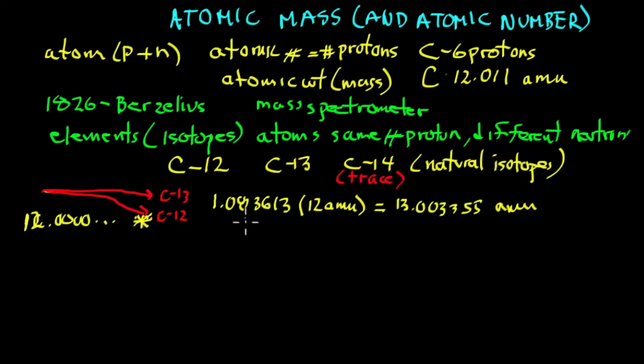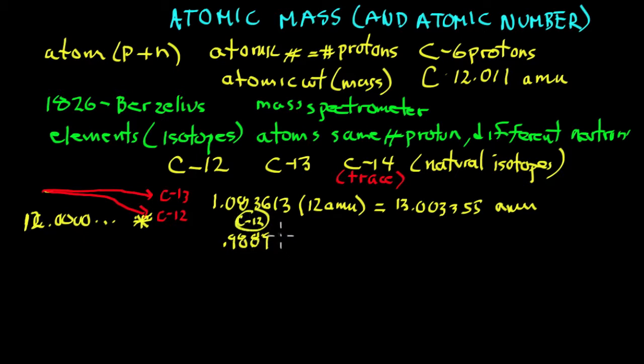Well, in nature, there's a distribution of these isotopes. In nature, carbon-12 is 98.89%. Almost all of carbon is carbon-12 in nature.